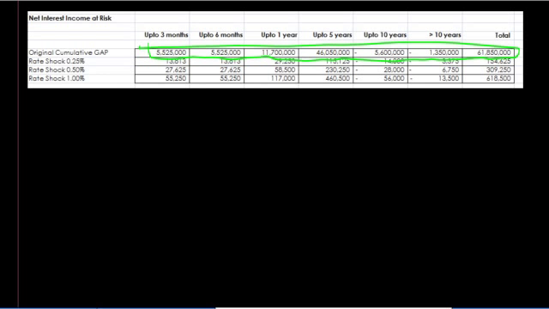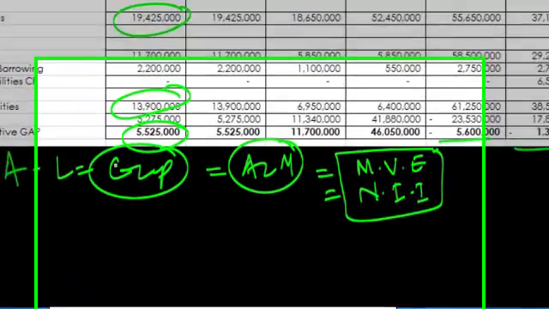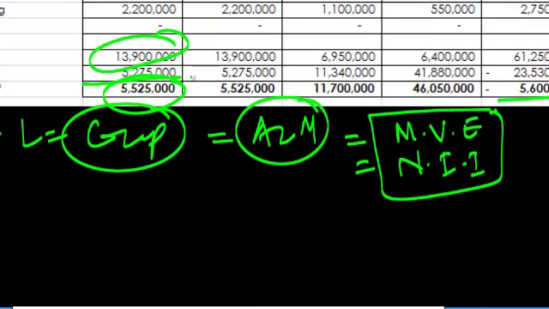Sorry, this number is actually coming from this layer, from your gap report. And what you're now doing with that gap report, the first question you want to answer is, what's the impact on income?